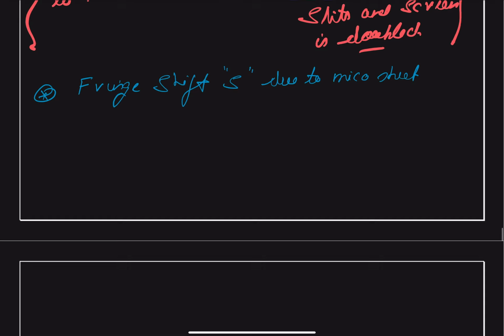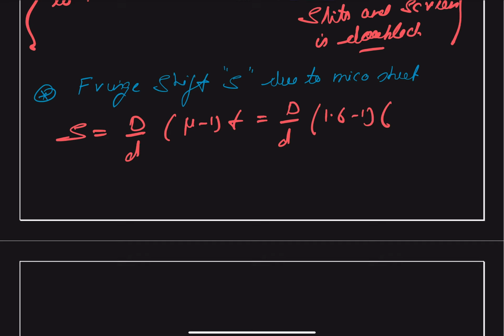And that S is given as capital D upon small d, times mu minus 1, times thickness T. We substitute the values which are given to us; capital D and small d will be the same, and this will be 1.6 minus 1, and here we have 1.964 into 10 to the power minus 6.